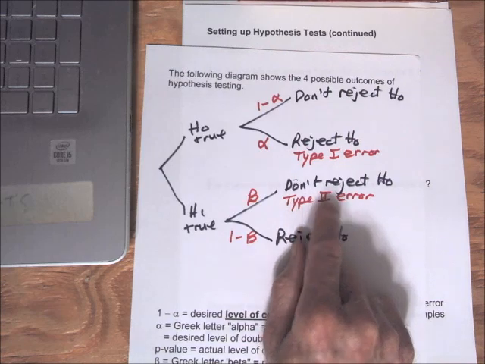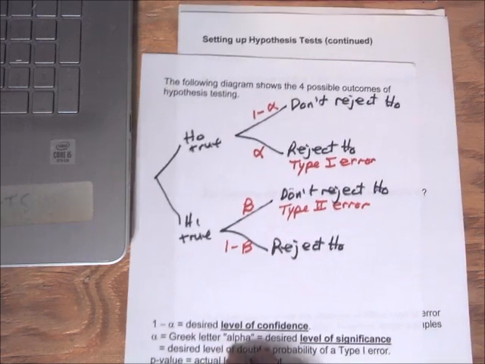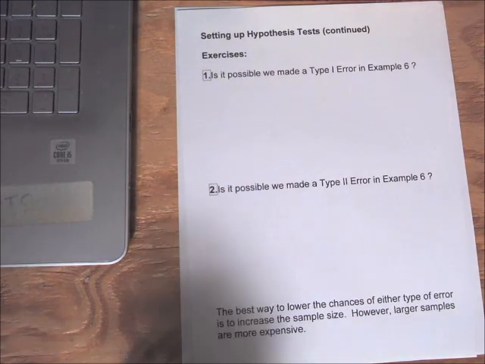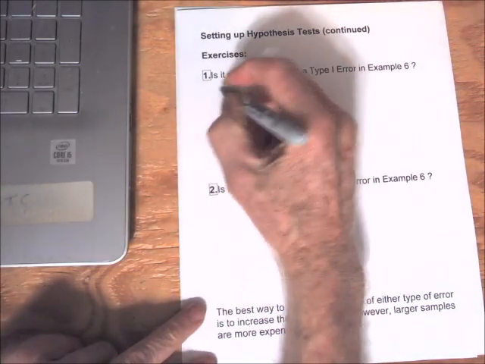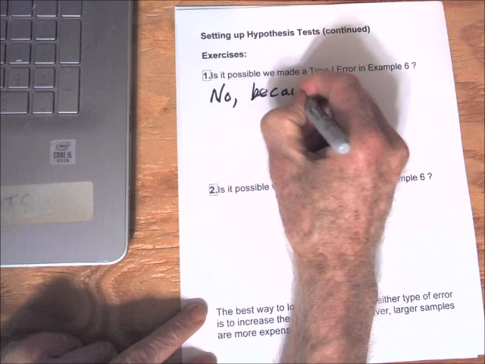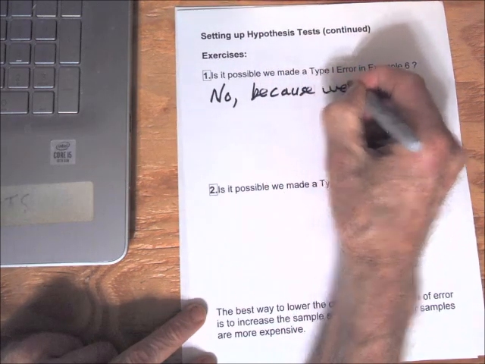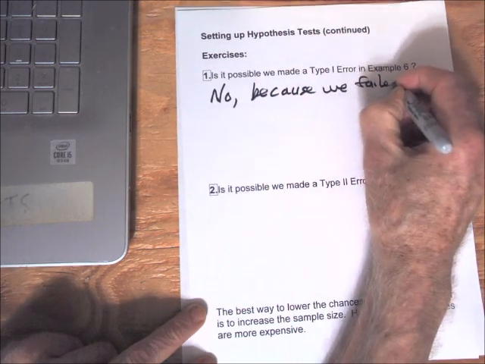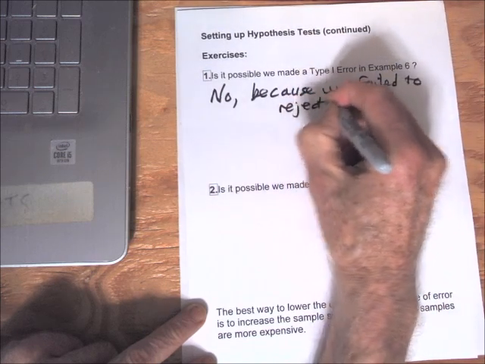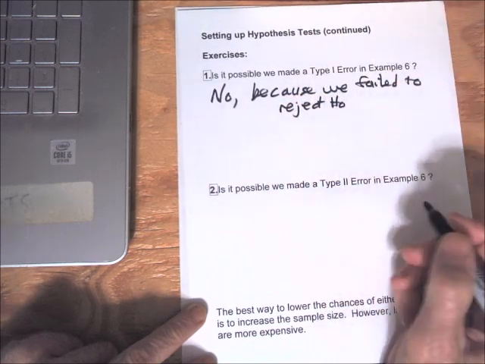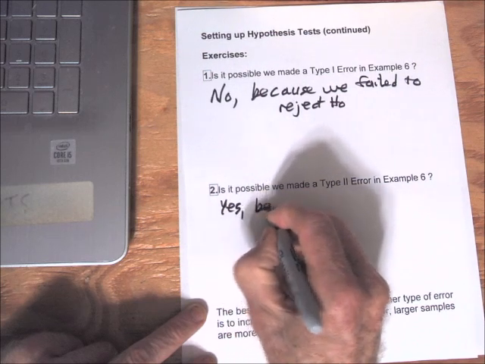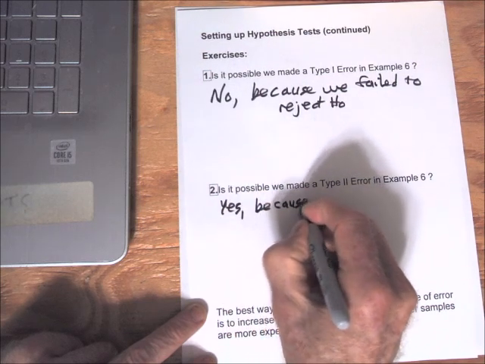If you don't reject H naught, you take a chance of making a type 2 error. So no, because we failed to reject H naught. Is it possible we made a type 2 error in example 6? Yes, because we failed to reject H naught.